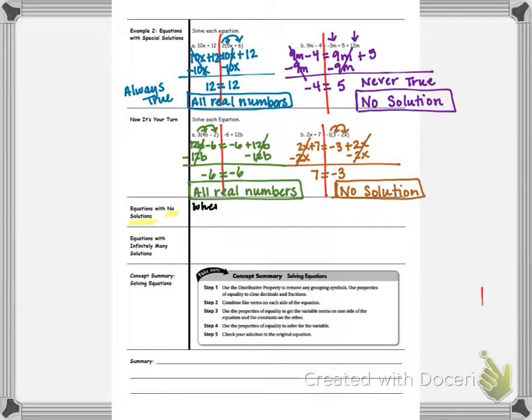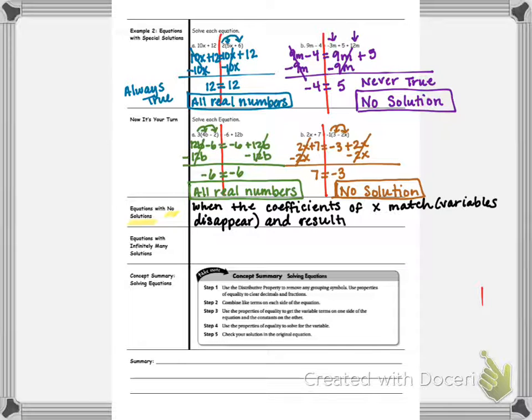So we're going to think, when the coefficients of x match, and so we'll say that means the variables disappear, and the resulting statement is false.